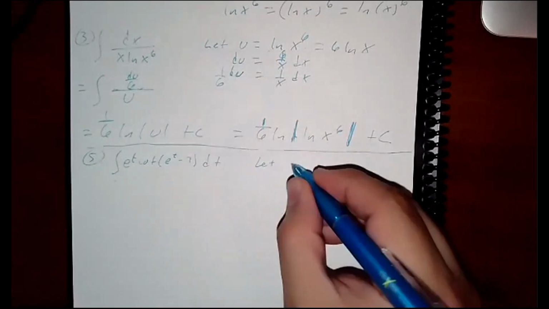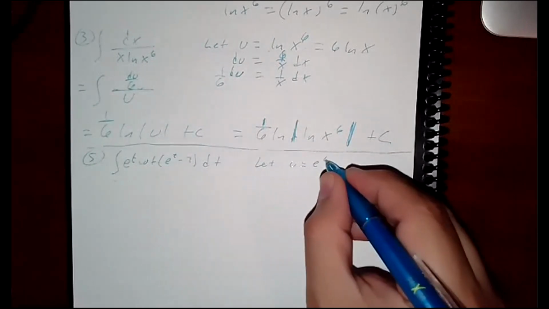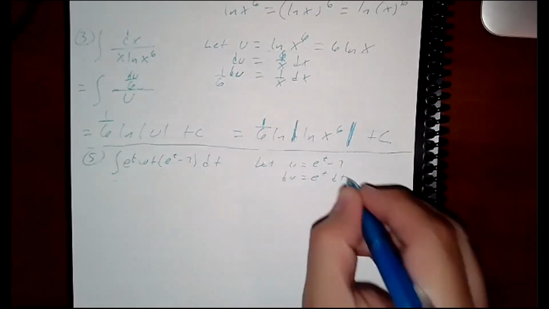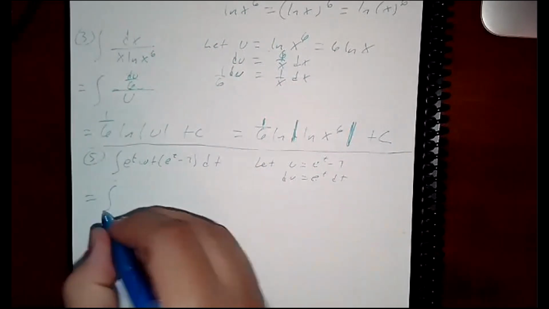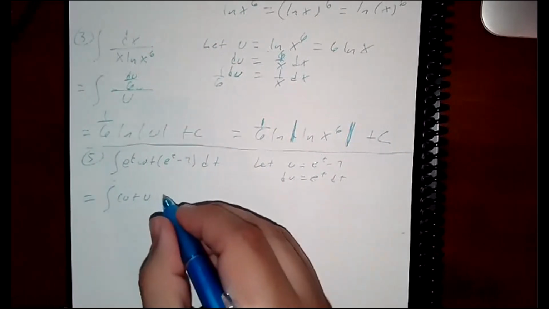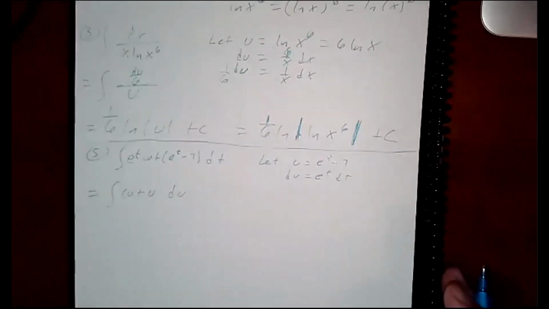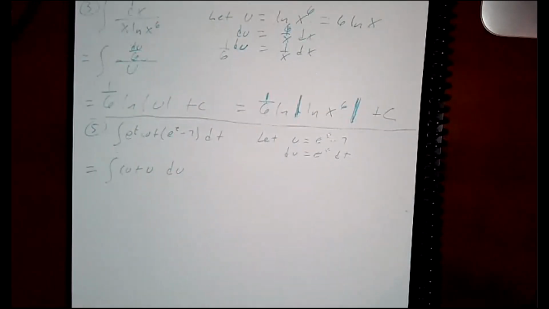So let u equal e to the t minus 7. du will be e to the t dt. So then you would get cotangent u du. So now we just need, what is the integral for cotangent? I forget, should be ln cosine, I think. Let me double check.